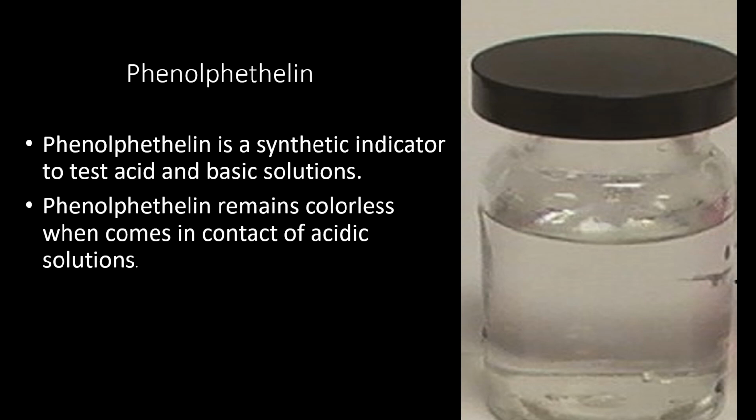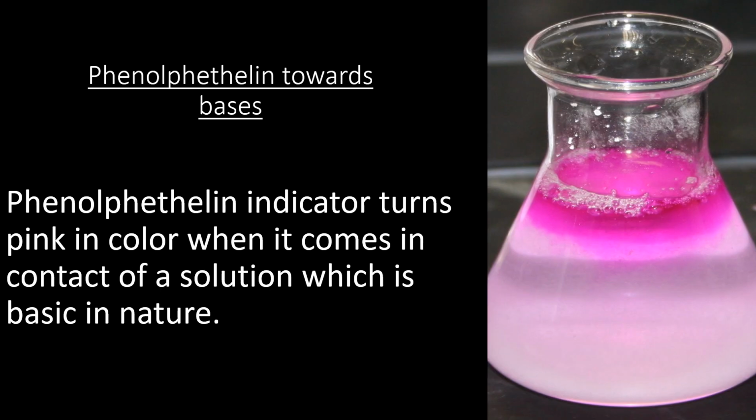Now next is phenolphthalein. This is the third type of indicator. Phenolphthalein is a synthetic indicator, and this is colorless. Means in its original form this is totally colorless, having no color. When it comes in contact with acidic solution, then it remains colorless, means no color change is seen.